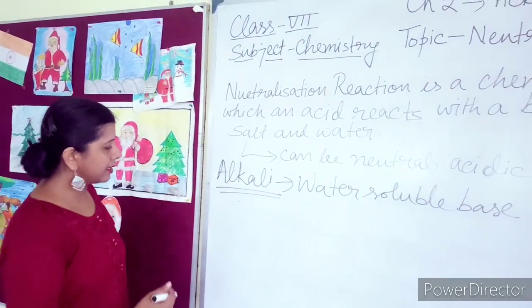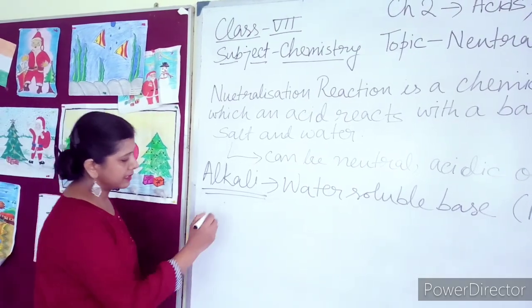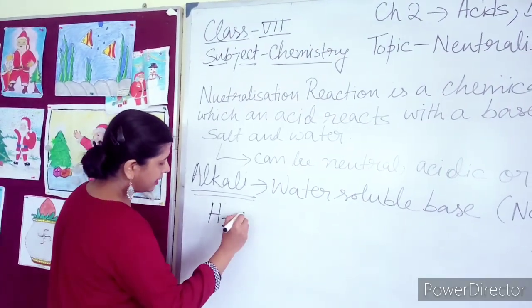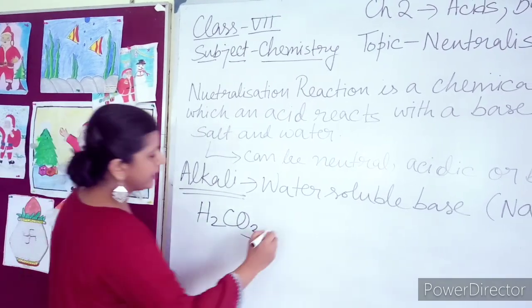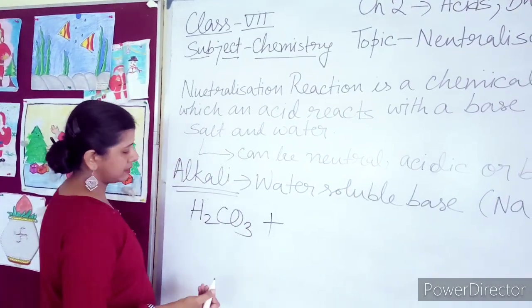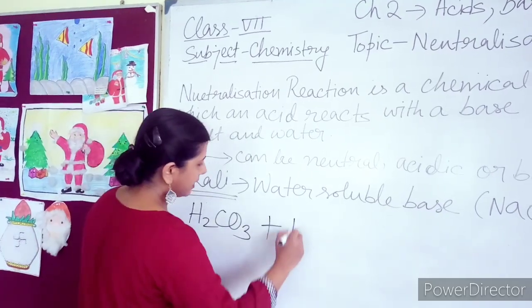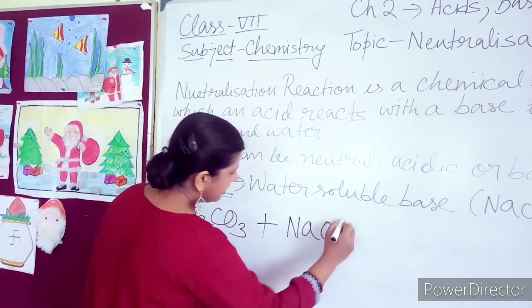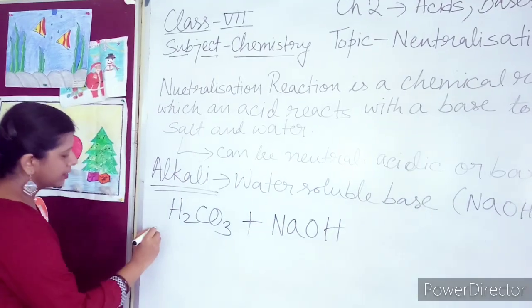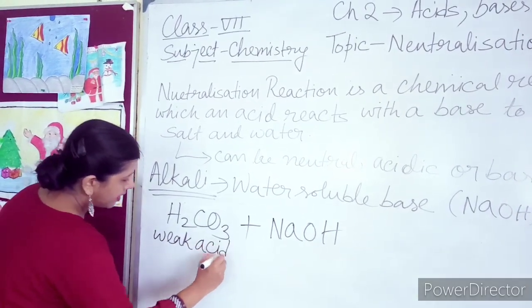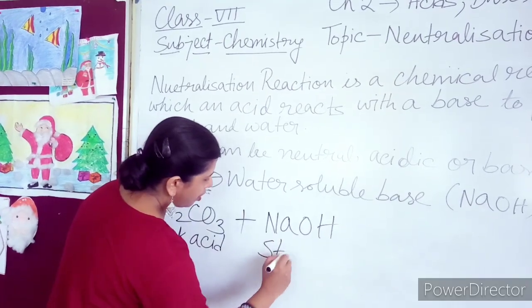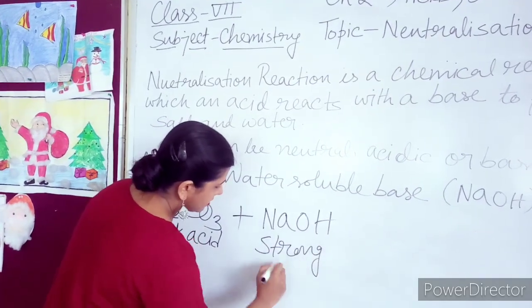So I am taking the weak acid as carbonic acid, H2CO3. This one is carbonic acid. When it reacts with a strong base, I am taking sodium hydroxide. This is strong base. This one is weak acid and this one is strong base.